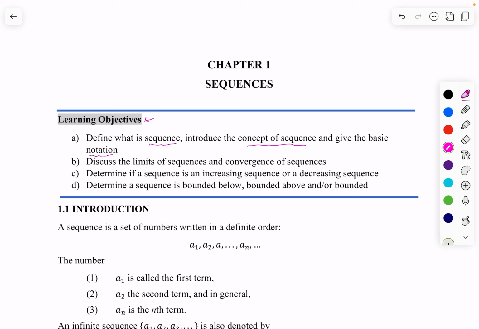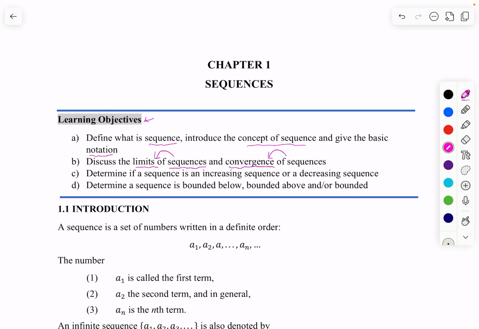Second, this is regarding the limit of a sequence. If you recall, in Calculus 1 you learned how to find the limits of a function. But in this course, you need to know how to find the limit of a sequence, and determine if the sequence is convergent or not based on the limit.